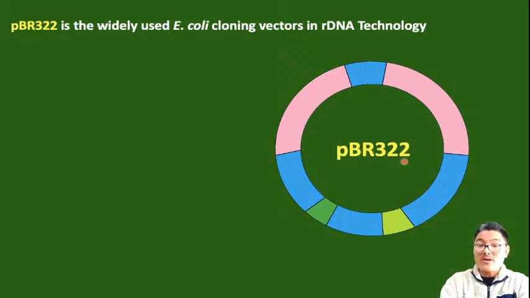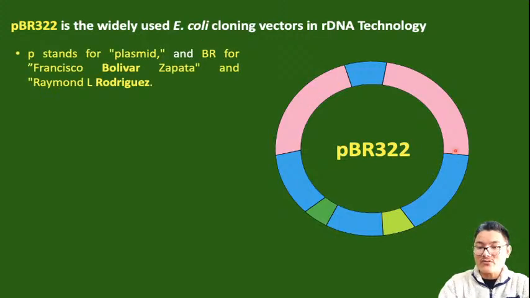Yesterday we also discussed that PBR322 is a widely used E. coli cloning vector, and nowadays we are using this PBR322 as a vector. It is a small circular DNA which is produced from E. coli, and this is a synthetic vector. It was synthesized by Bolivar and Rodriguez.